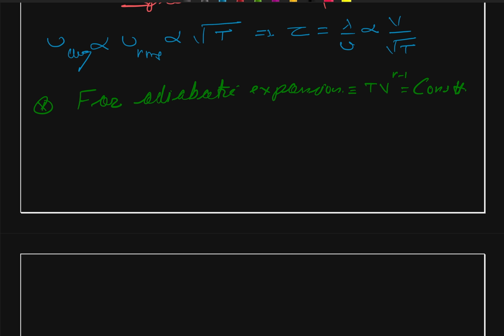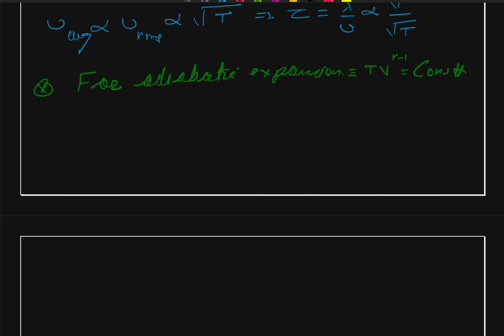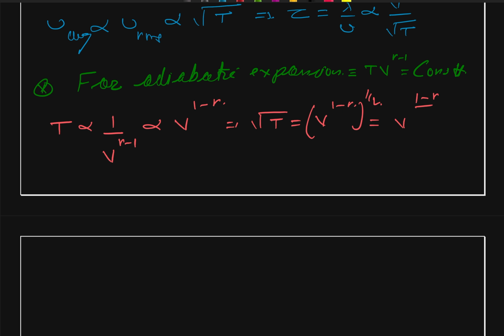Therefore, we can write that our T is proportional to 1 upon volume gamma minus 1, or we can write that proportional to V raised to 1 minus gamma. And we need square root of T, so we can say our square root of T is equal to V raised to (1 minus gamma) whole raised power 1 by 2, or V raised to (1 minus gamma) divided by 2.